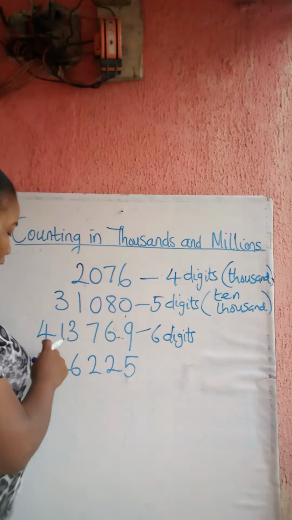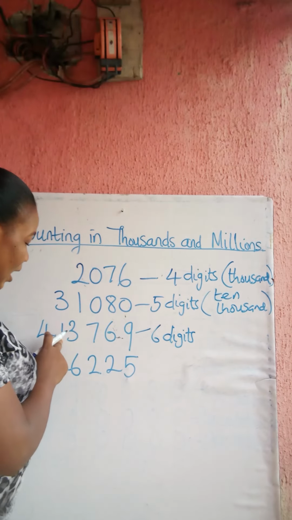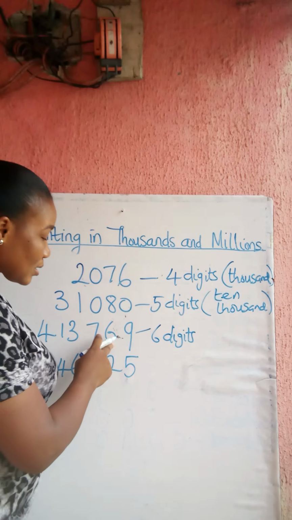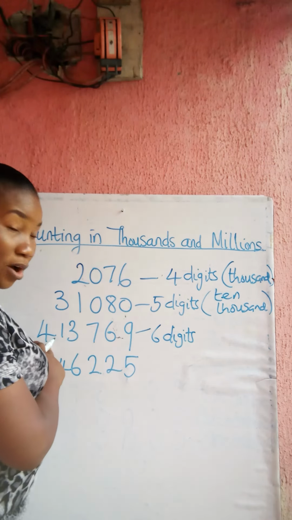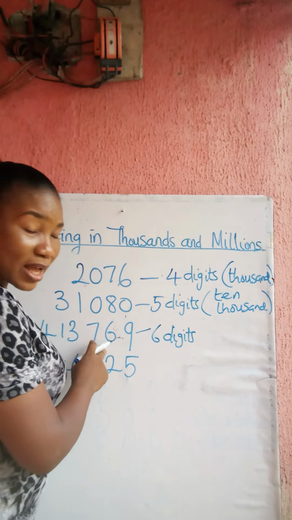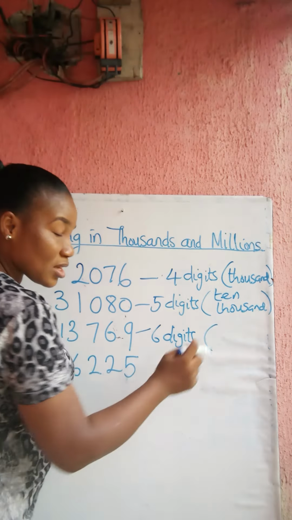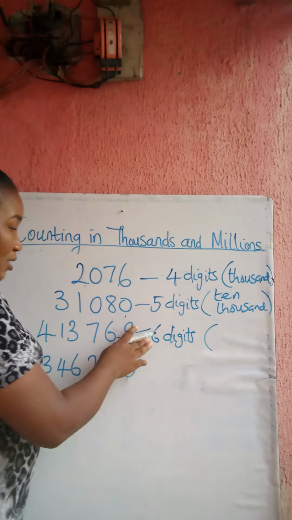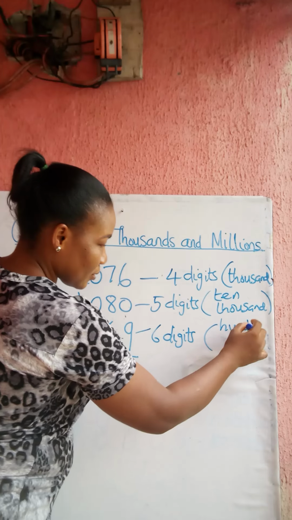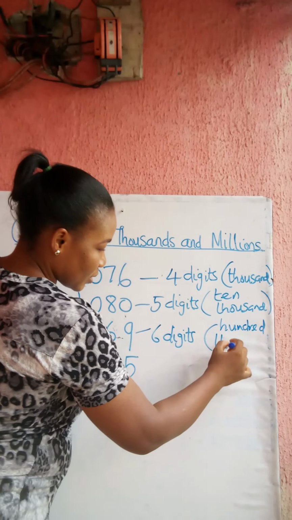We read it as 413,769. So under our number names, a 6-digit number falls under 100,000.